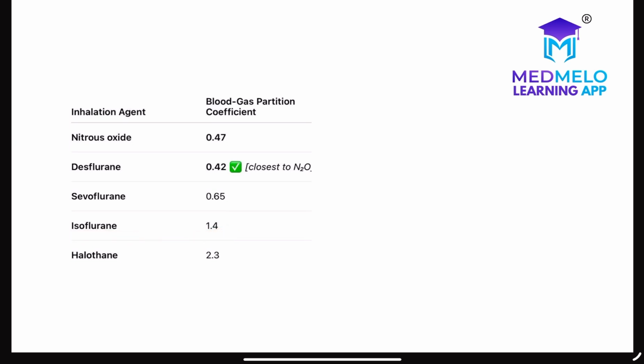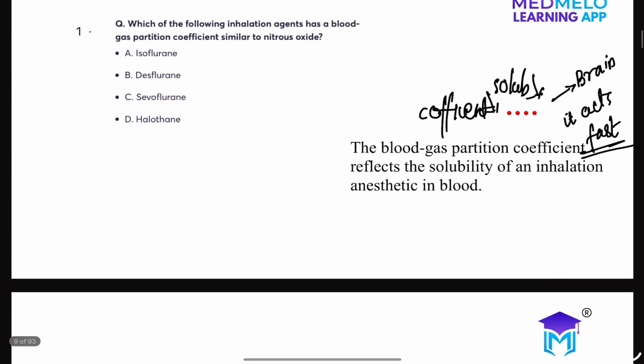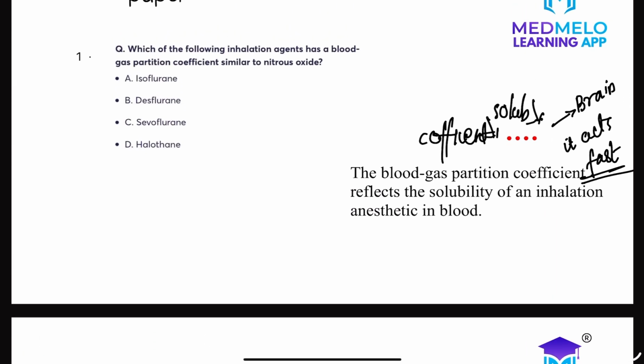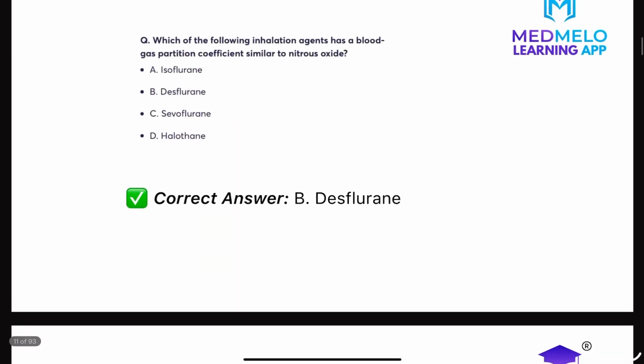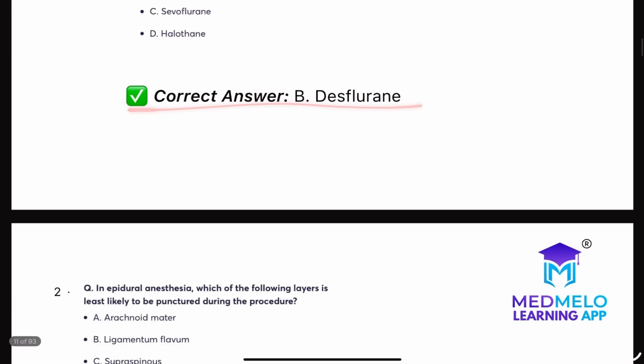So which has the lowest blood gas partition coefficient? It is desflurane, which has 0.42, and it is similar to the blood gas coefficient of nitrous oxide. The question was which of the following has the blood gas coefficient similar to nitrous oxide. So the answer is desflurane.